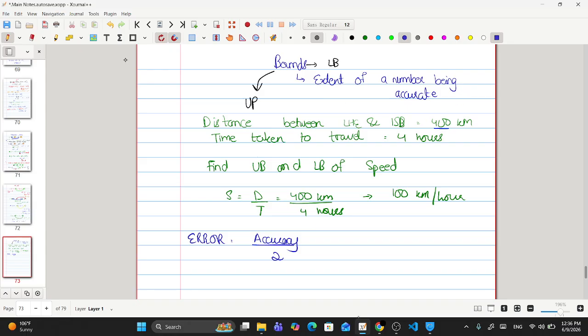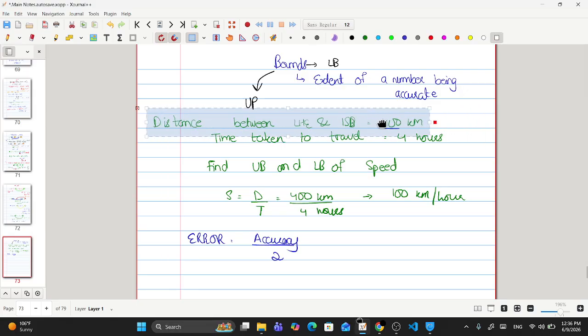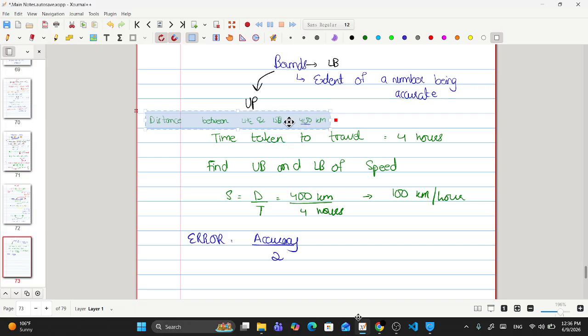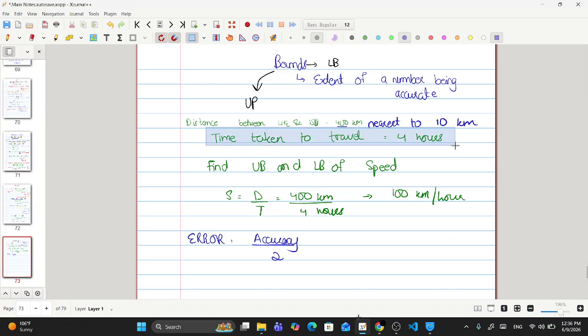Let me add another bit of information to it so that this makes more sense. 400 kilometers nearest to 10 kilometers, and the time taken to travel is 4 hours nearest to 1 hour, right?